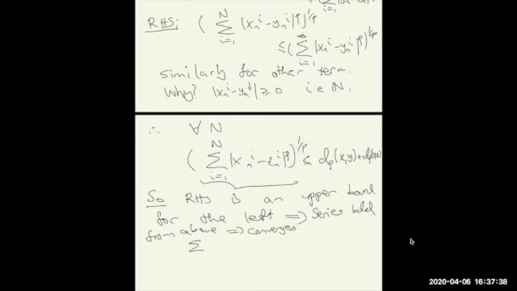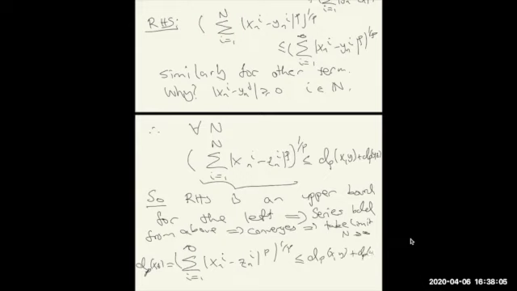And then we take the limit as N goes to infinity, and what we get is the sum from i equals 1 to infinity of |x_i minus z_i| to the power p, which is distance d_p x to z, is less than or equal to d_p xy plus d_p yz.